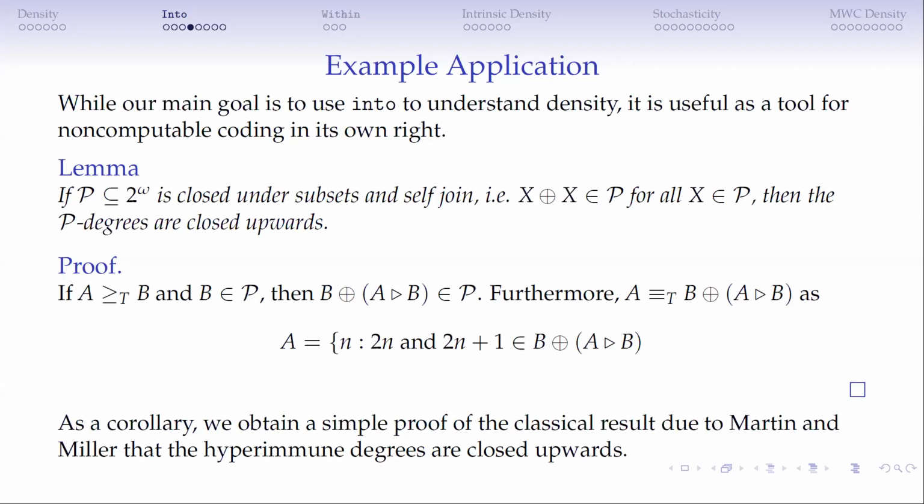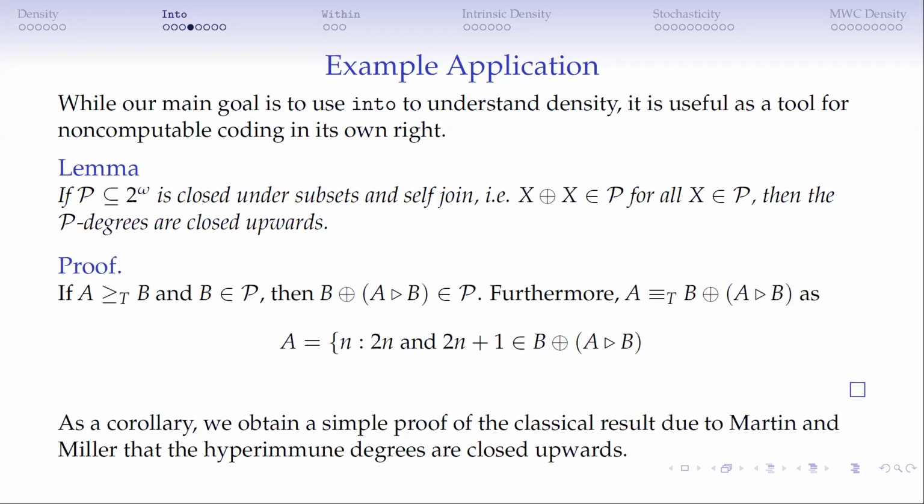We're going to see that in this application. So we have a little lemma here. If I have some class of sets, some subset of 2 to the omega, and it's closed under subsets, and it's closed under self-join, which is to say if some element X of this class has this property, then X join X also has this property, then the P degrees are closed upwards.